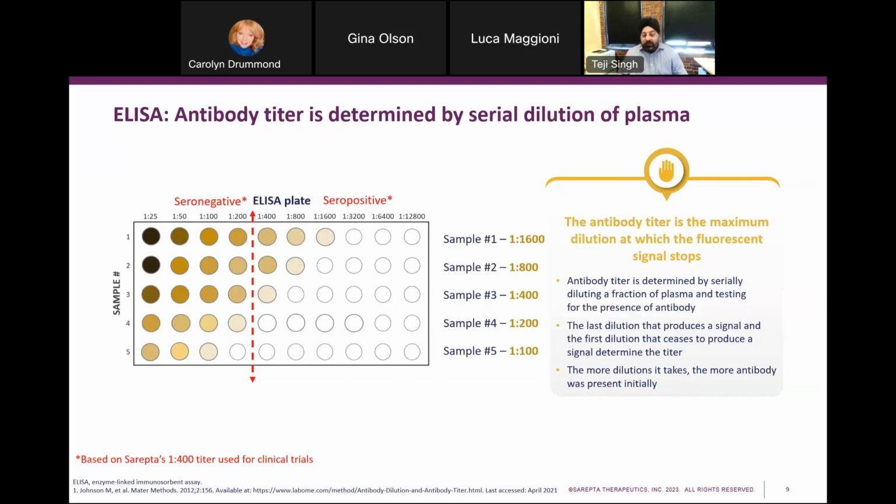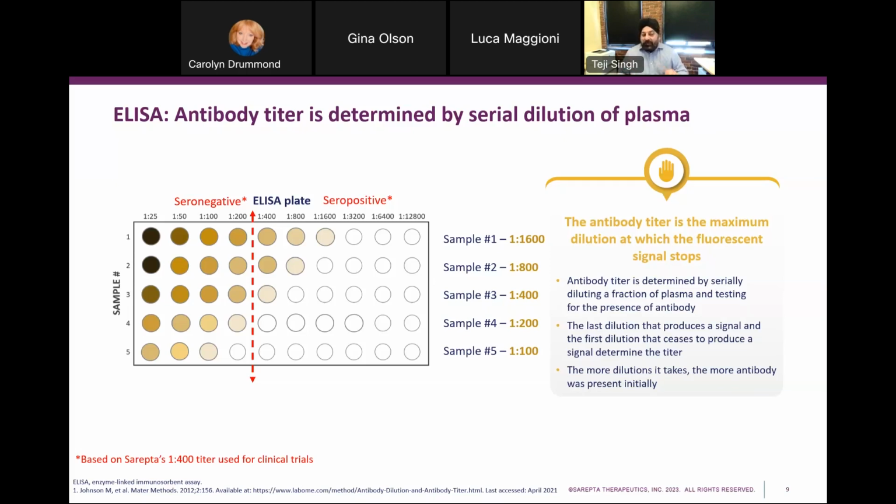And what you determine as a result is when you actually have the titer or the cutoff where you saw a response, a chemical response, or in our case, a fluorescent response, and when you don't see a response. So the last dilution that produces a signal and the first dilution that ceases to produce a signal determines the titer.